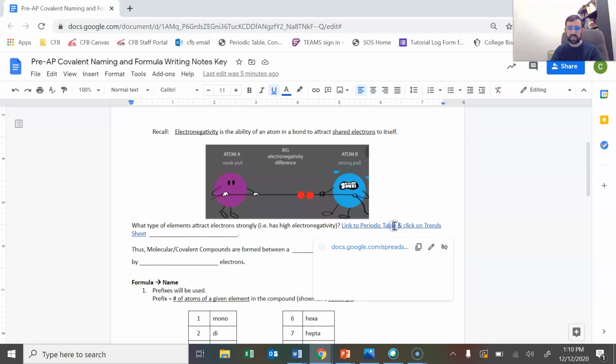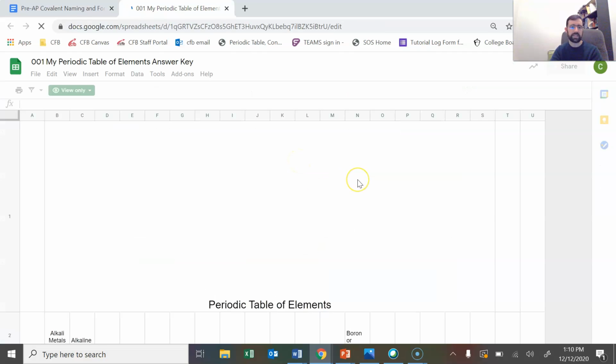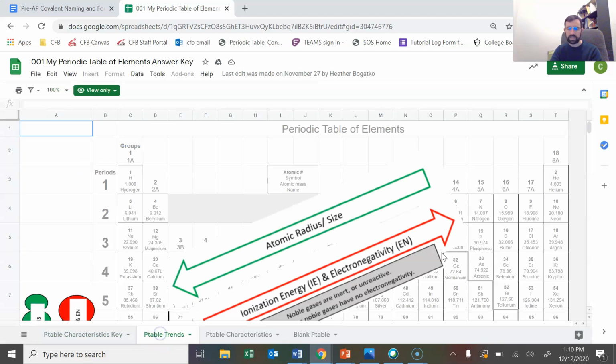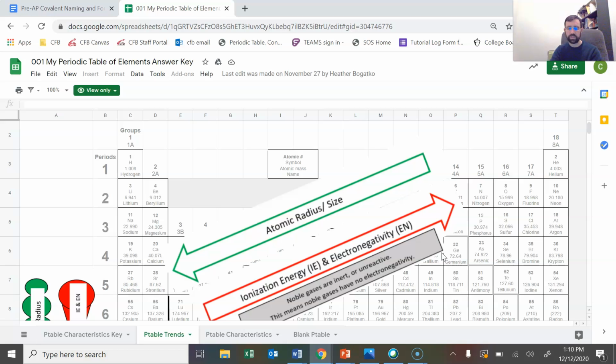And if you click on this link here, it'll take you back to the answer key for our periodic table and periodic trends notes. You can click on the P table trends, that's the second tab, and remind yourself of what the trends are. So electronegativity, the most electronegative elements are over here to the right of the staircase, and those are our nonmetals.